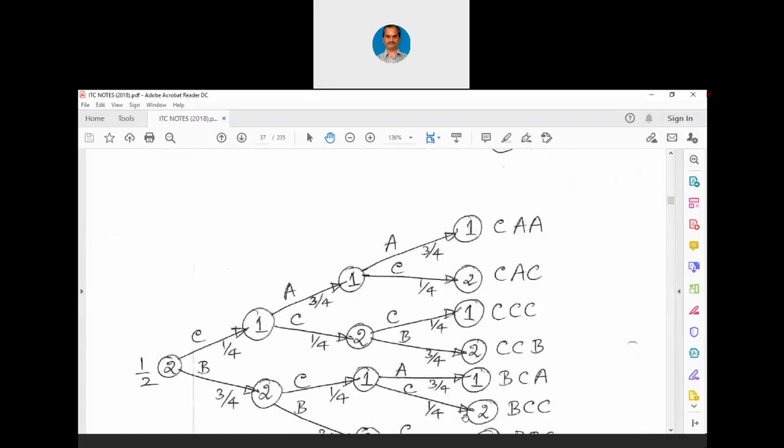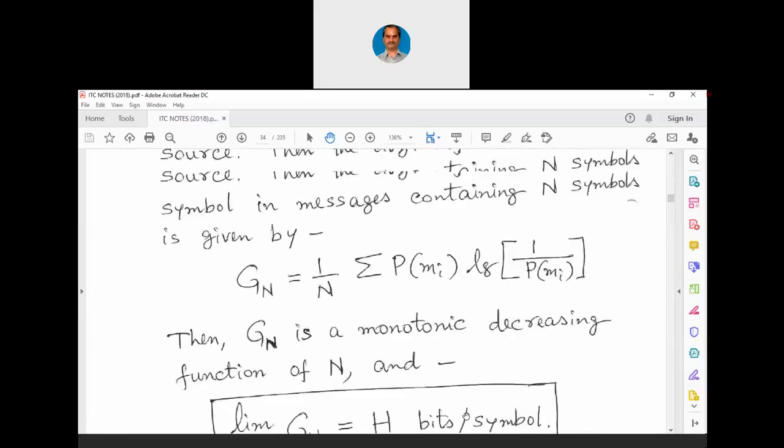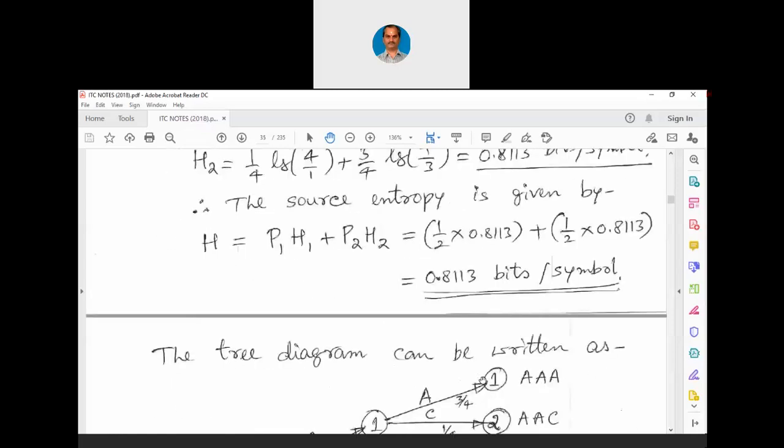Let me show you that again. See, Gn is 1 over n summation of capital P of Mi into lg of 1 over capital P of Mi. This capital P stands for the joint probability.